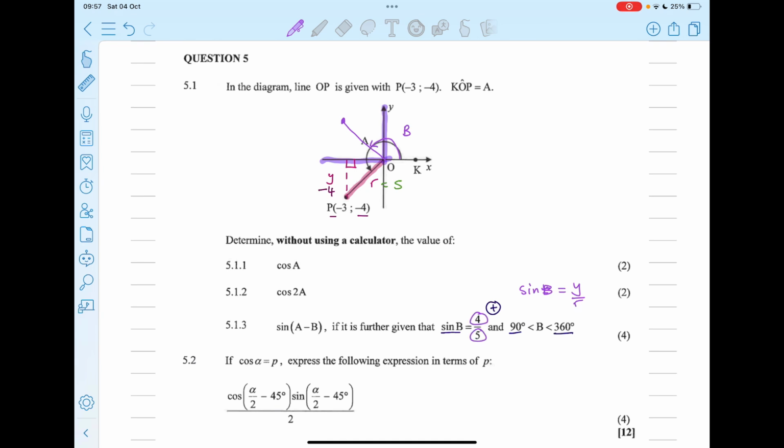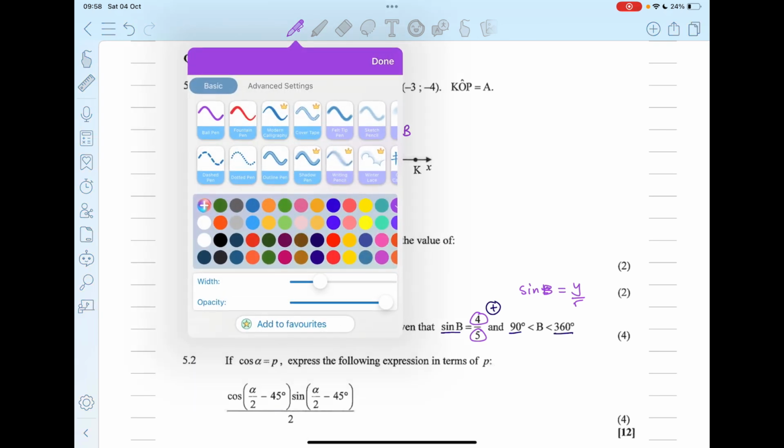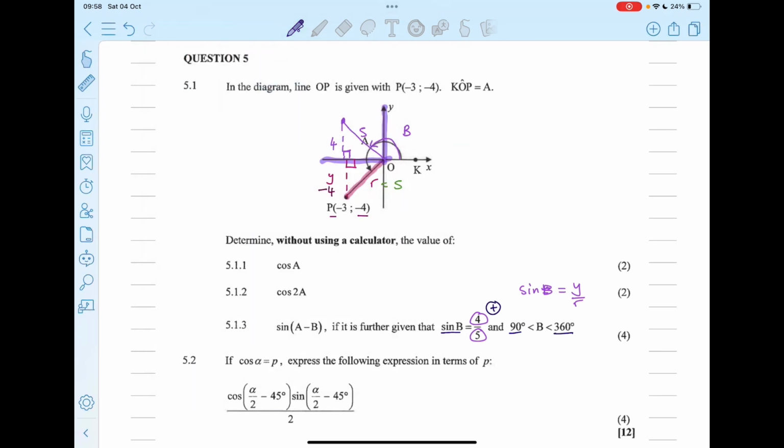So we've got the y value and the r. R is also 5, and then the y, so let me draw the dotted line for our triangle, this will be 4. And we just need the x value. With our knowledge, it appears that the x will be 3.